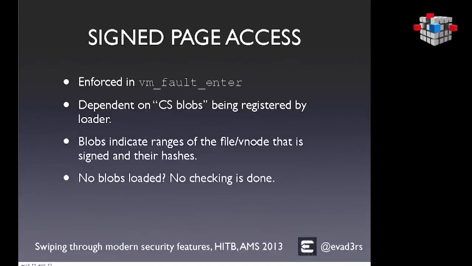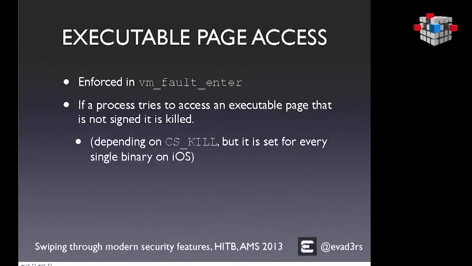We believe this is because of OS X and iOS compatibility. OS X doesn't require code signing. It can use code signing with the new Gatekeeper stuff, but it does not require it totally. So now, where our executable pages are verified, it's again enforced in vm_fault_enter.